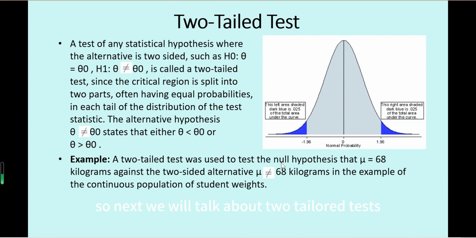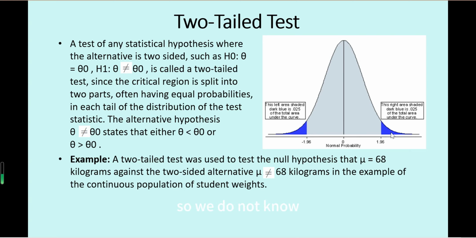Next we will talk about two-tailed tests. This is a test of any statistical hypothesis where the alternative is two-sided, such as the null hypothesis H0 is theta equals theta 0, but the alternative hypothesis H1 is theta not equal to theta 0. This kind of test is a two-tailed test, because both can happen: the test can get a result in this region or in this region.